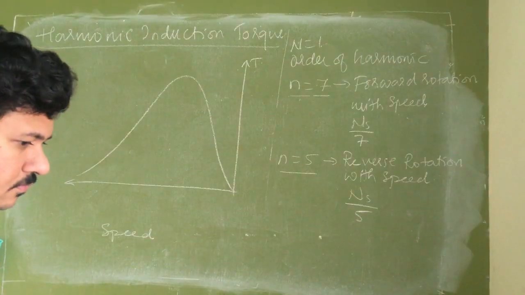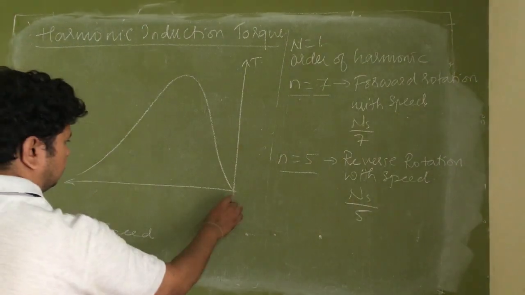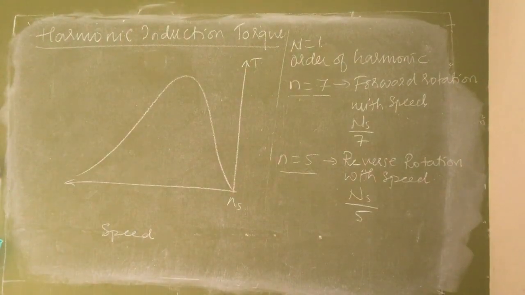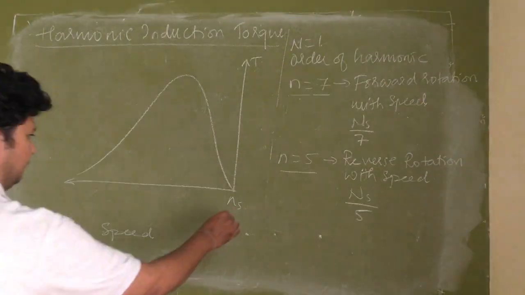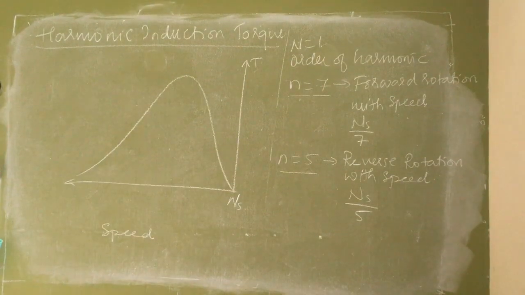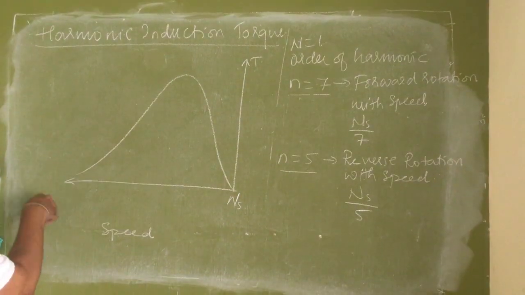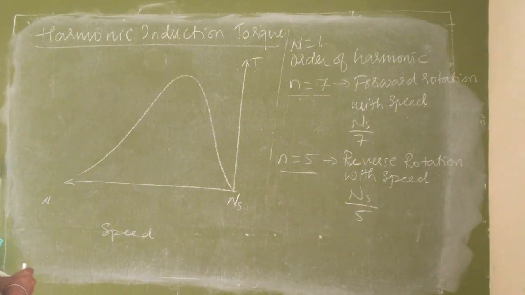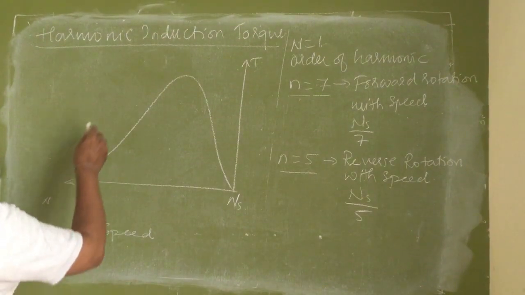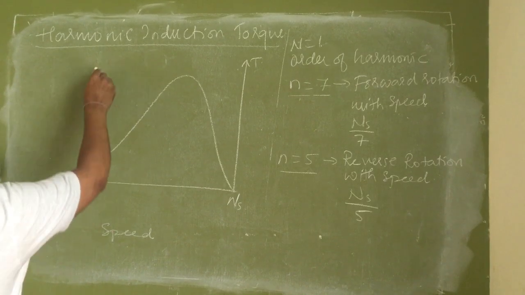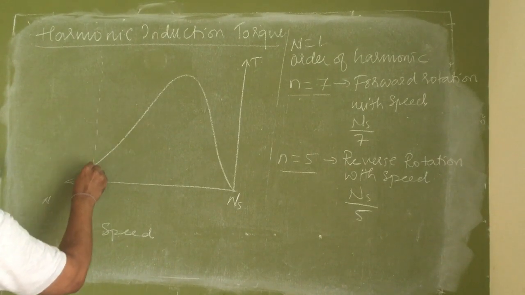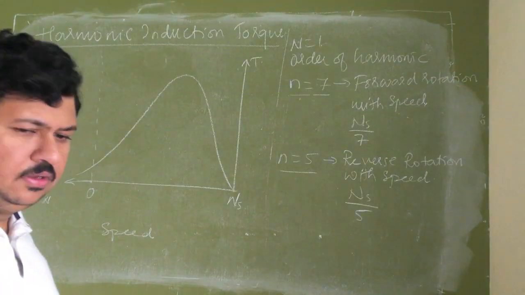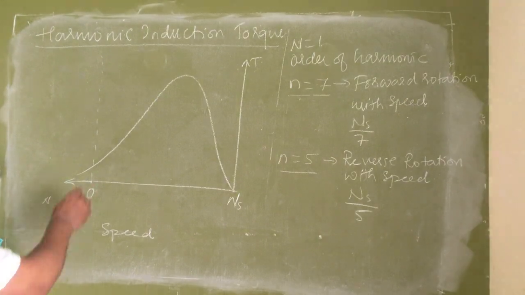So this is the NS. This can be N. Let this be point O. Okay. The starting torque, it will use starting torque here.